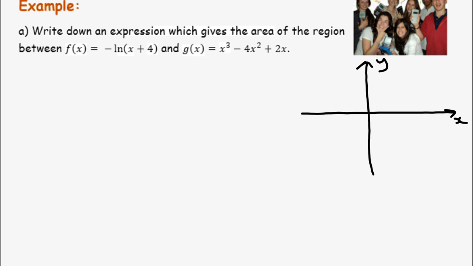So we've got the negative log, so the negative log kind of going down here. And the negative log, by the way, what does it have here? So exponentials have an asymptote. Yeah, so exponentials have asymptotes that are horizontal. Logs, because they're the inverses of exponential functions, have vertical asymptotes.